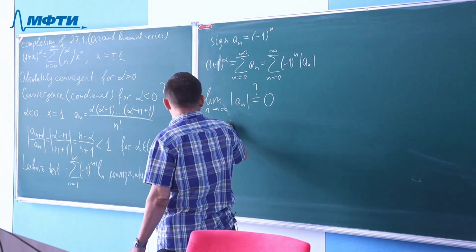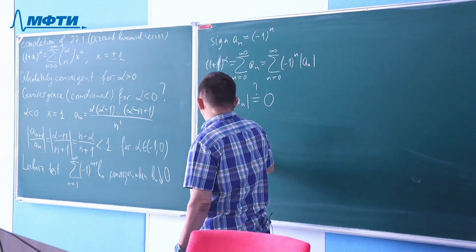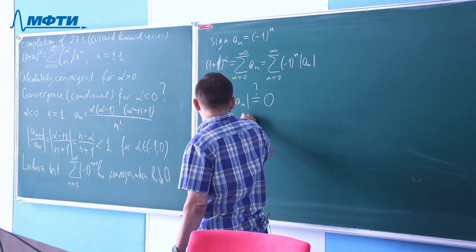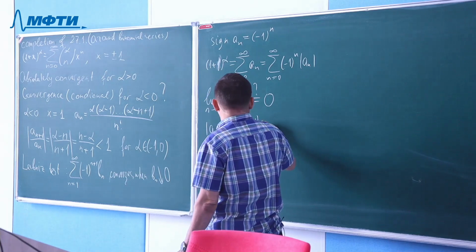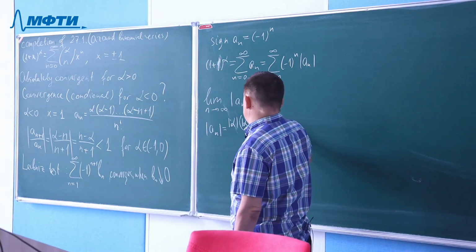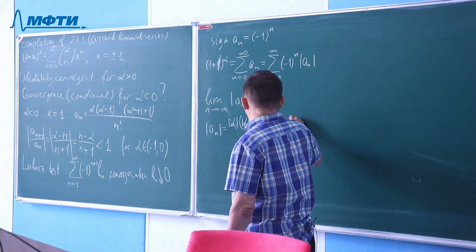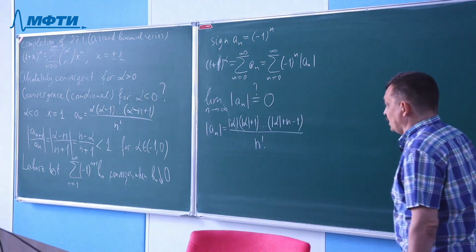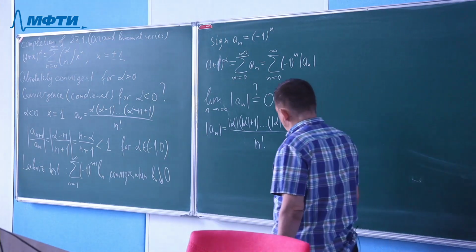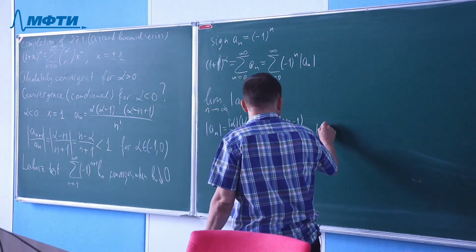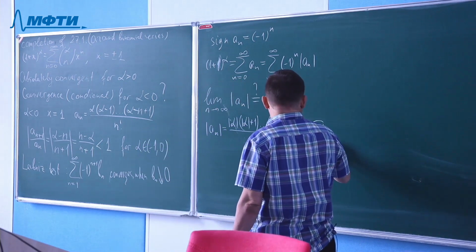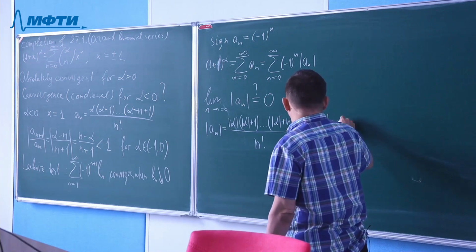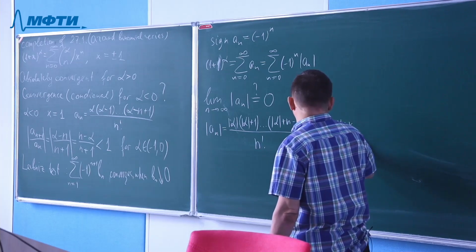So let us consider this expression. What is modulus of An? Modulus of An is modulus alpha times modulus alpha plus 1, and so on, modulus alpha plus n minus 1, over n factorial. Or we can write it as a product, k from 1 up to n, of modulus alpha plus k minus 1 over k.